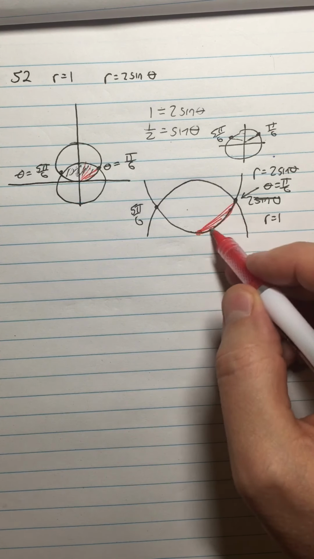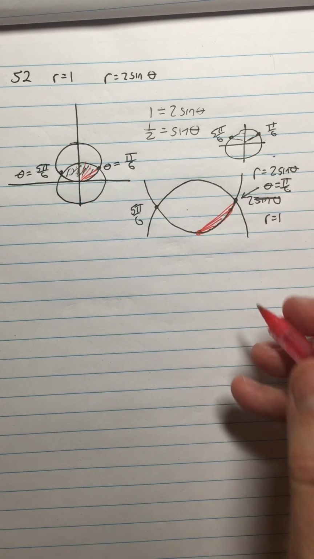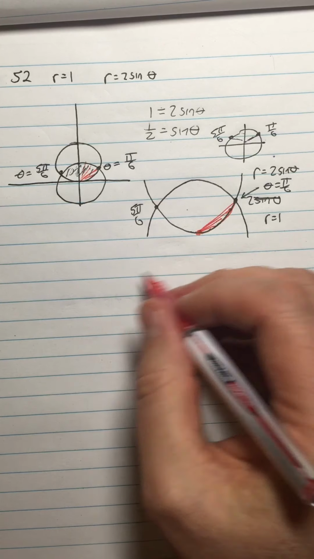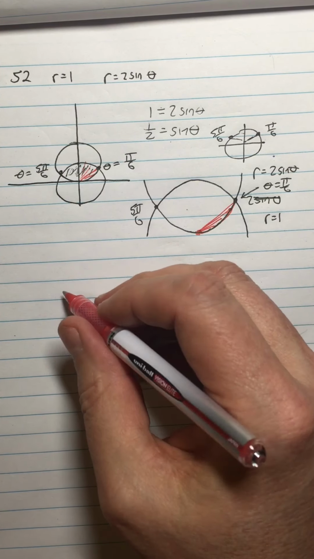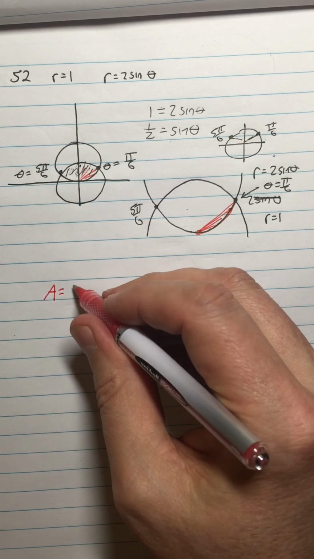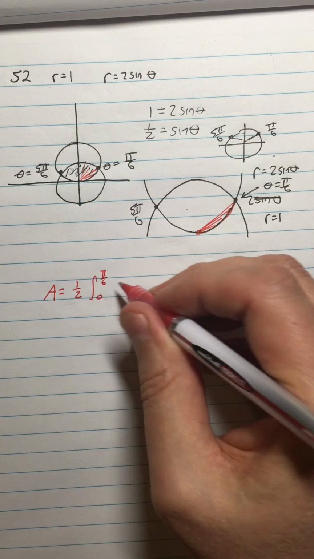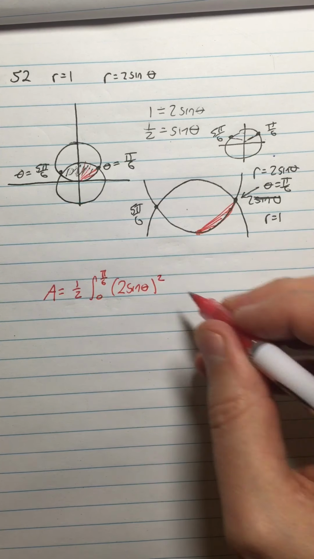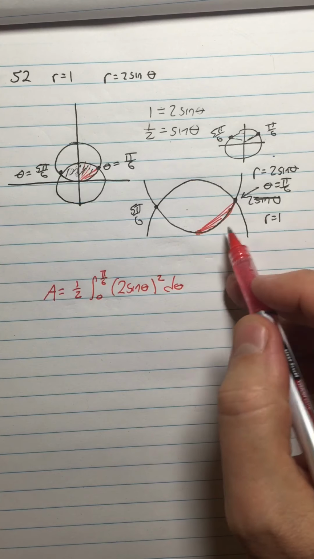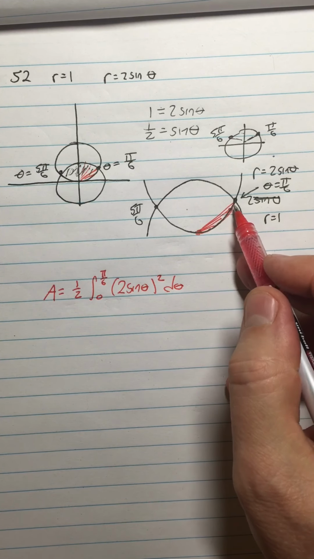So for this whole part of the integral from theta equals 0 up to theta equals pi over 6, that integral is just the integral of the 2 sine theta function. So the area of that part is 1/2 the integral from 0 to pi over 6 of (2 sine theta) squared d theta, and it's not a complex region because only one function controls the end of the segment.